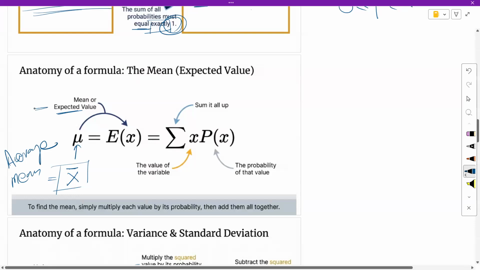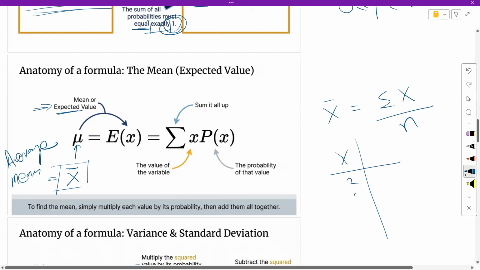Why do we use the term expected? When we discuss mean and standard deviation for a frequency distribution or anything from the beginning, we studied what, right? Mean equals sigma x over n, and the x values are given in a table format or any other form.